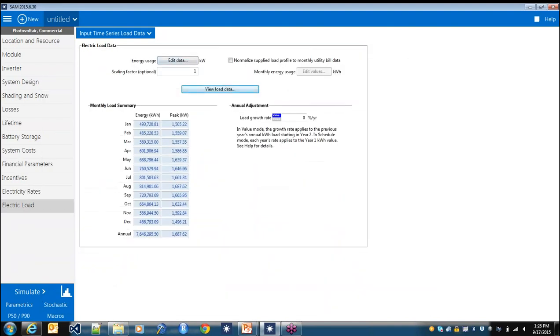For this case, we have quite high peak loads as default, so I'm just going to go ahead and cut those to a quarter. So now the peak load for the year is about 420 kilowatts.